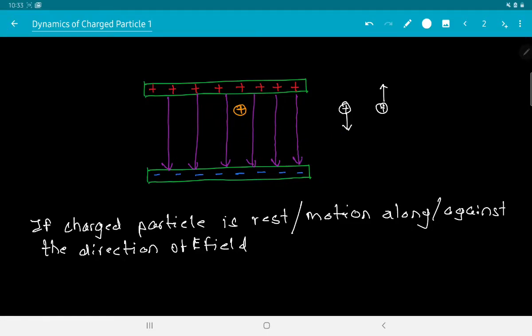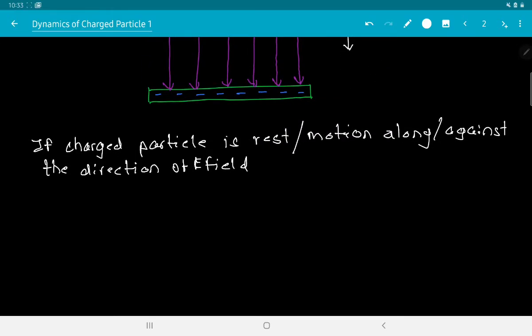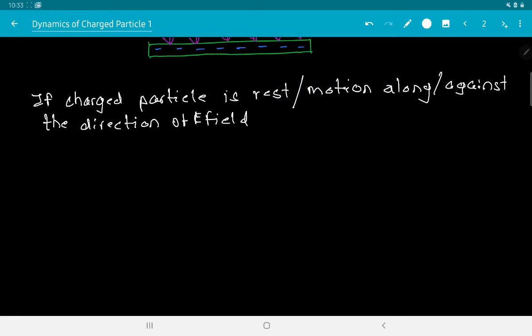Which equations will be applied here? Remember, this is a uniform electric field. That means the electric field at each point here is constant. So first let us find out the acceleration in this field.